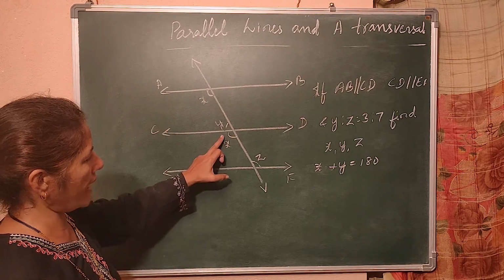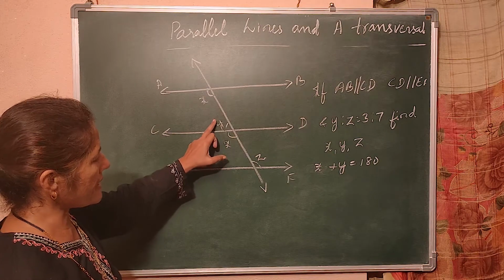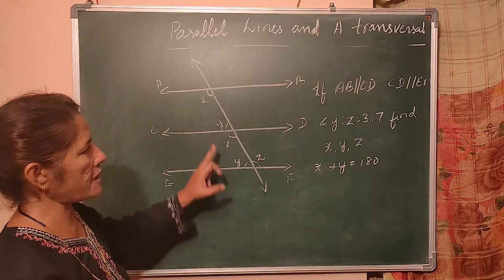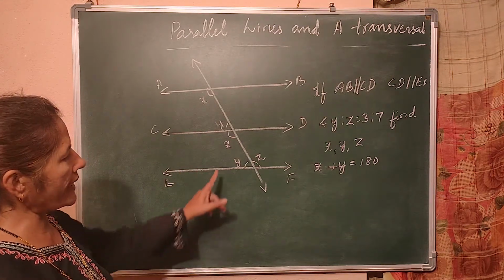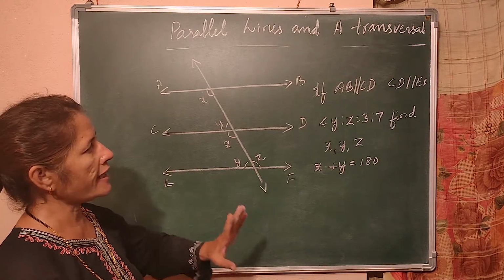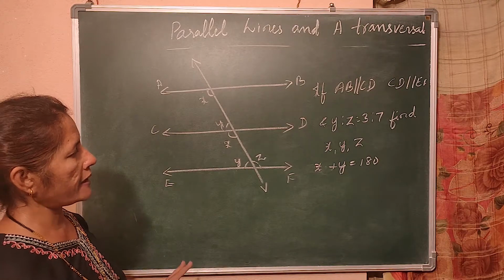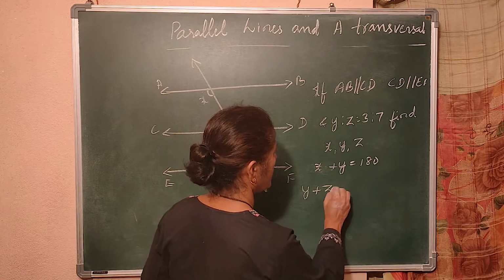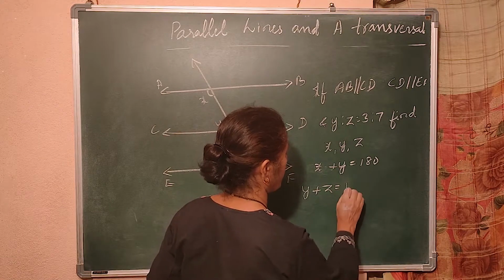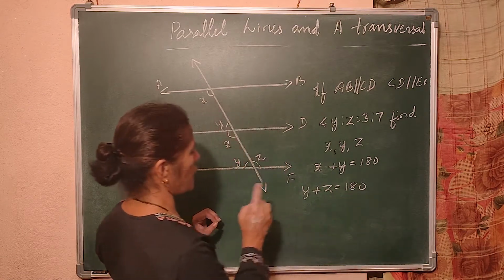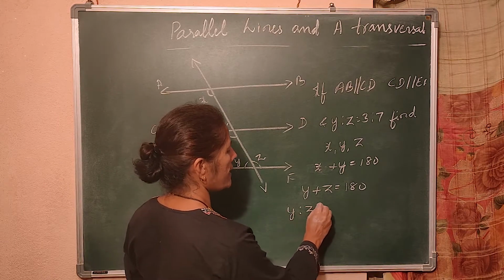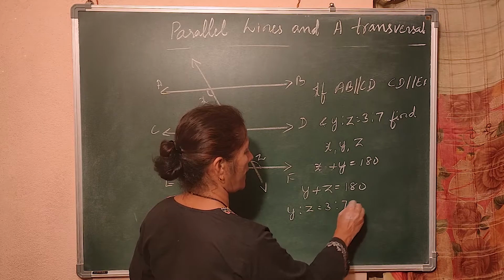So if this is X, this is Y, this is also Y, corresponding angles. So I can say Y is to Z is equal to 3 is to 7, and I can also say Y plus Z is equal to 180.